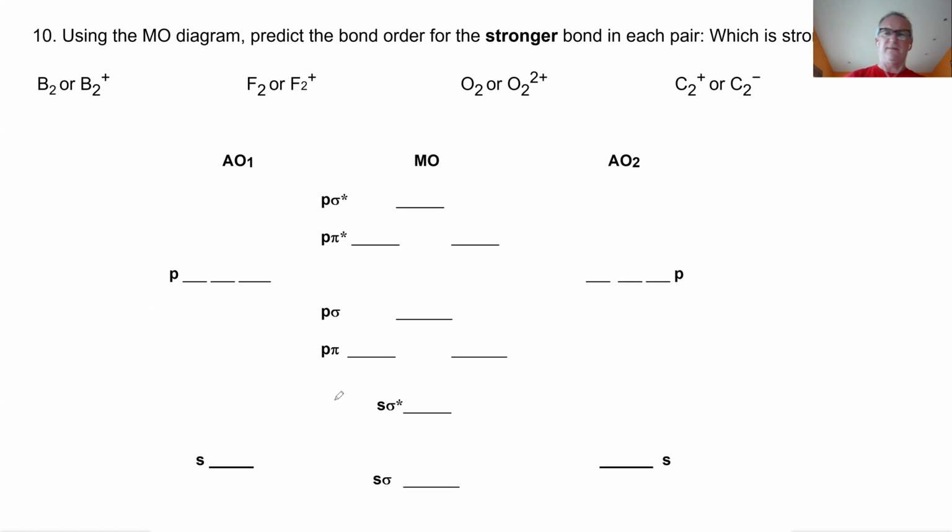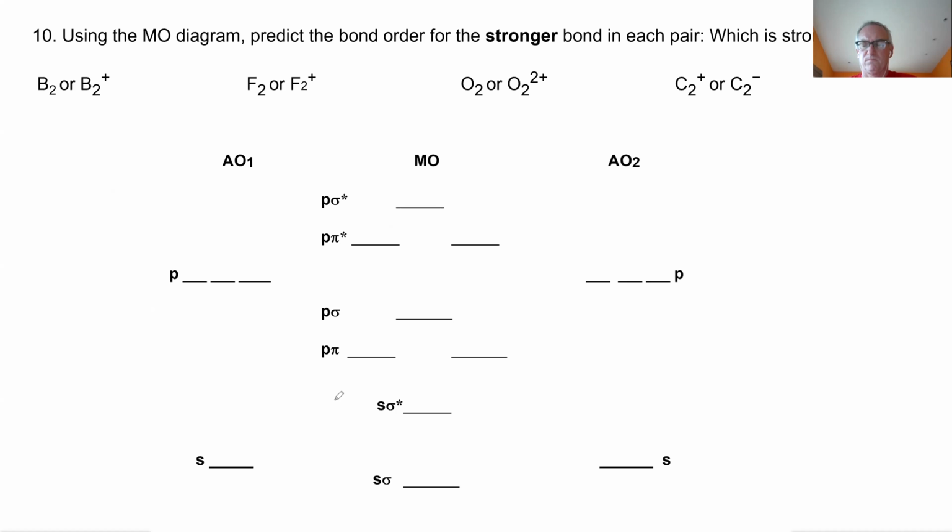And what does that mean? How do we determine bond order using this formula? What is the formula for determining bond order?